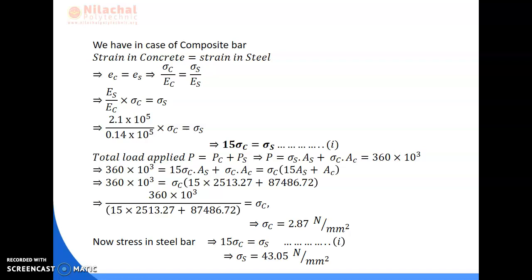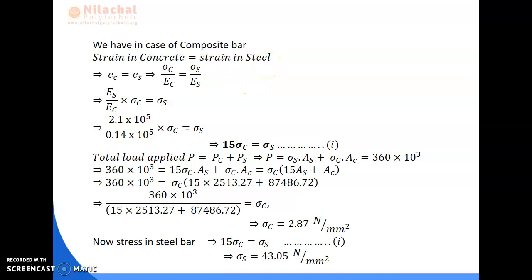I previously told you that there are two relationships. The deformation in concrete should be equal to the deformation in steel. If we take the ratio of change in length to original length of the concrete and steel bar, we get that strain in concrete is equal to strain in steel.